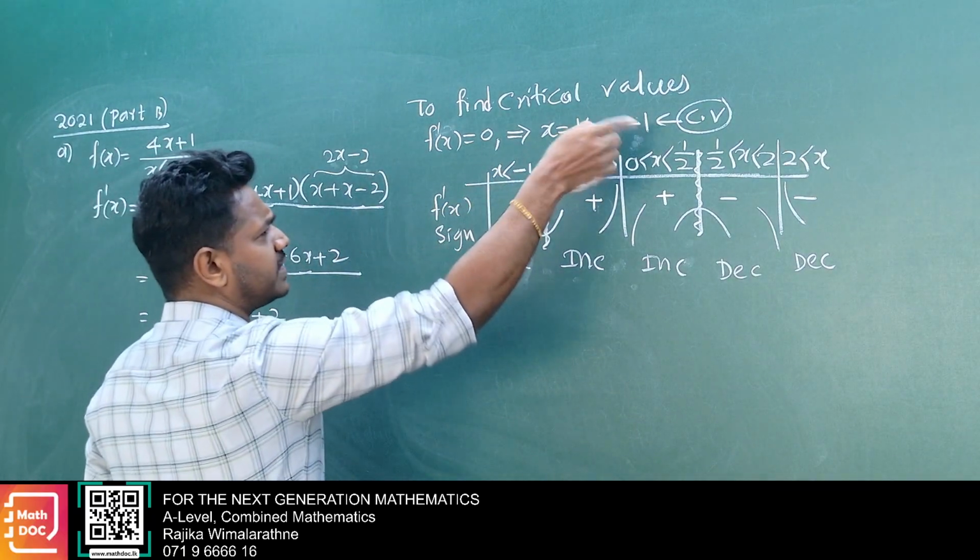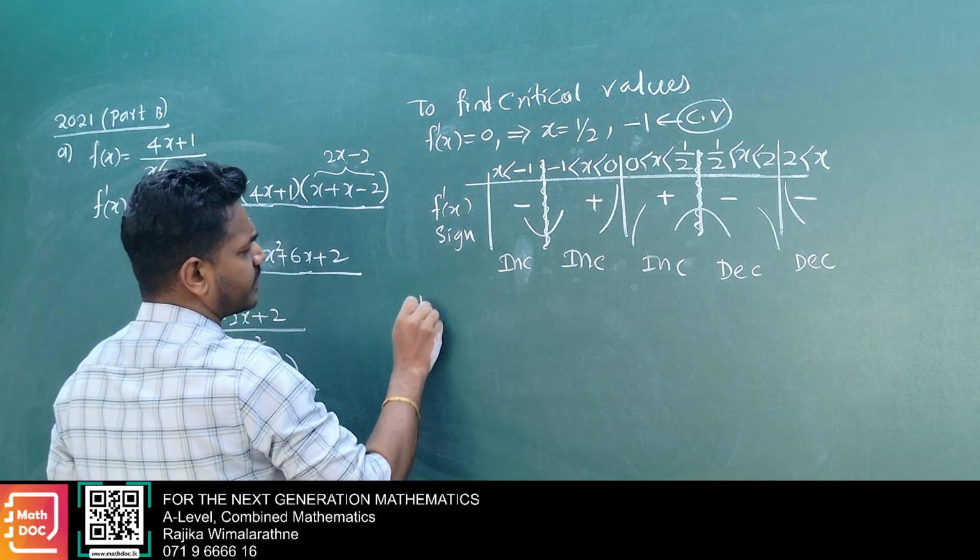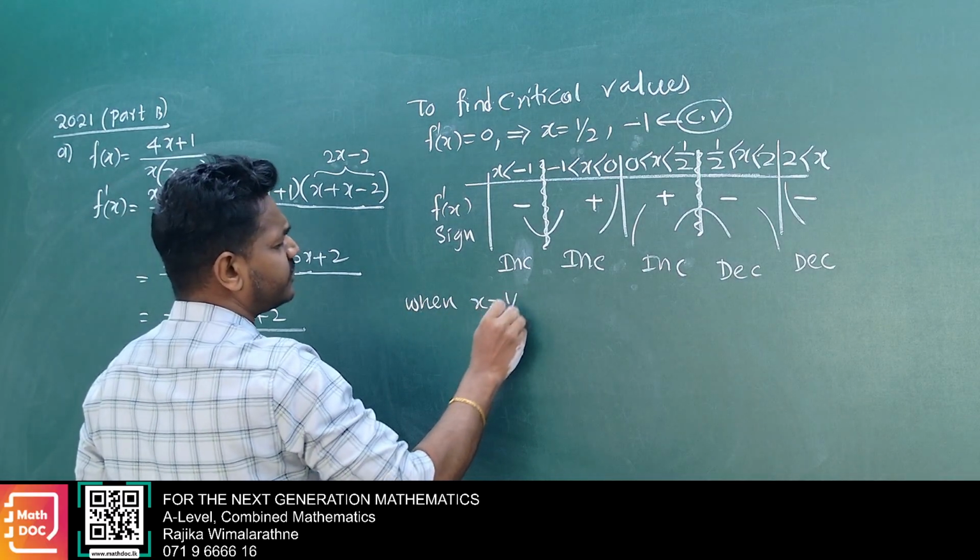Then we identify the critical values. When x equals half, check the y value.